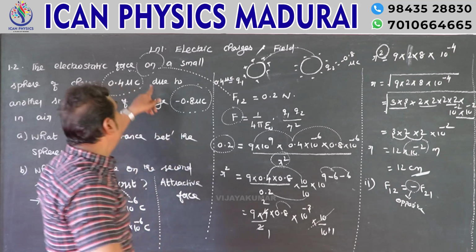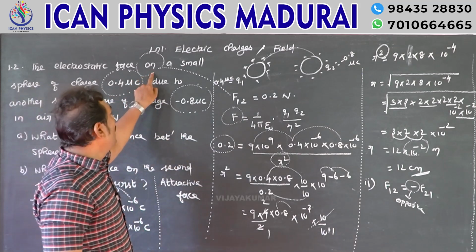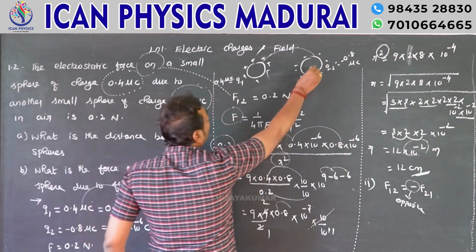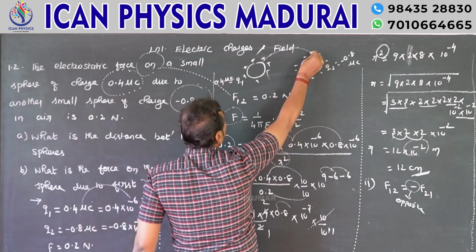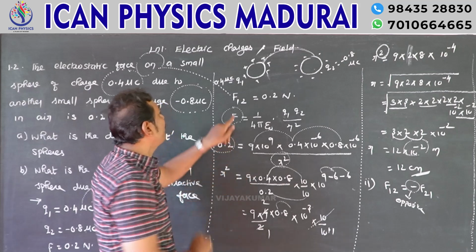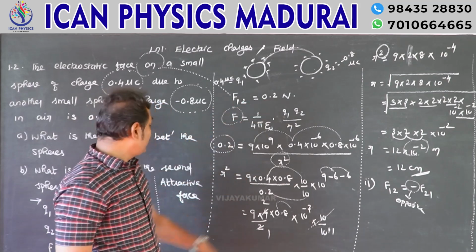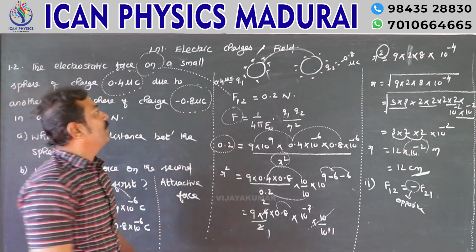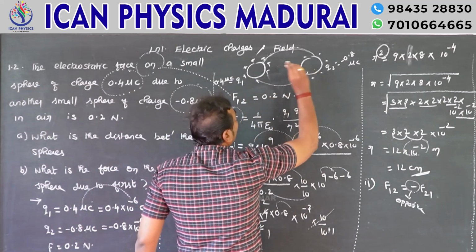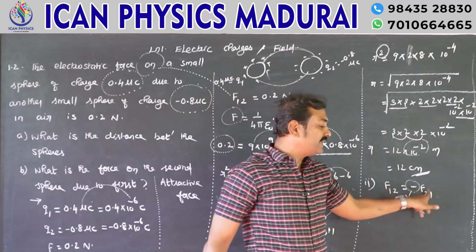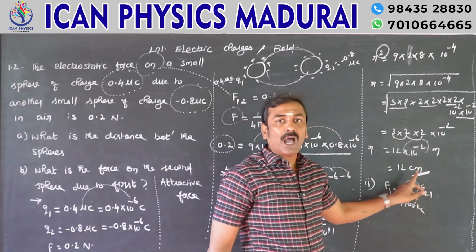Once again we go to the word "on". On 0.4 by 0.8, so 0.8 is the second sphere. The first one experiences a force F12 of 0.2. What they are asking is the second sphere: the force on the second one, F21. Both forces are equal but act in the opposite direction.